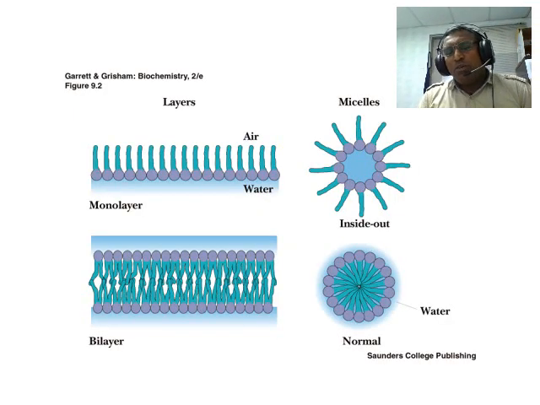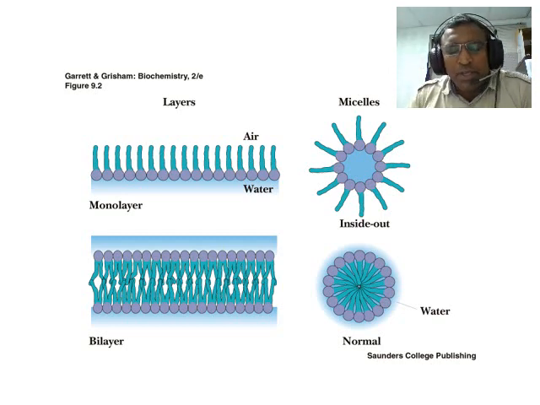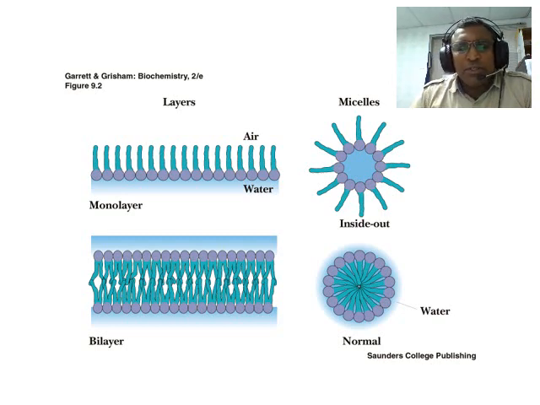So because of the amphipathic capabilities, wherever you put the phospholipid, the head will always be close to the water, and the tail section, as you can see, faces furthest away from the water.